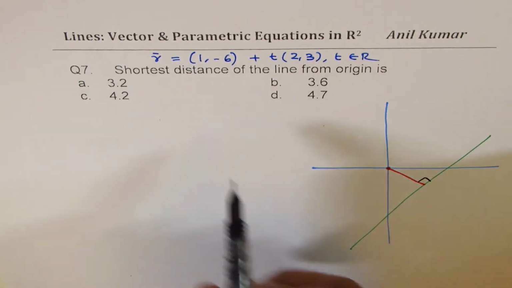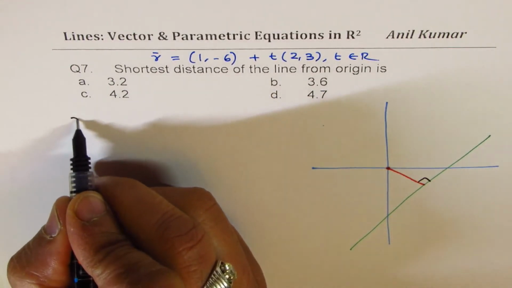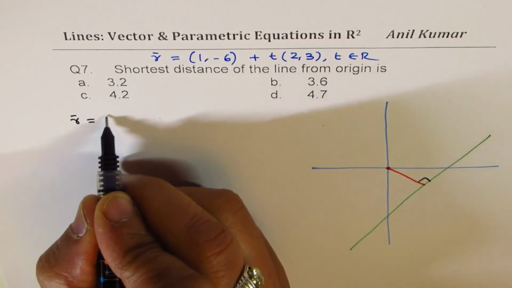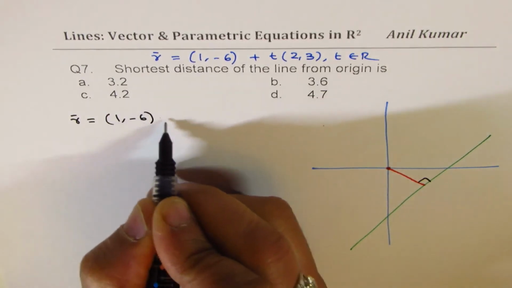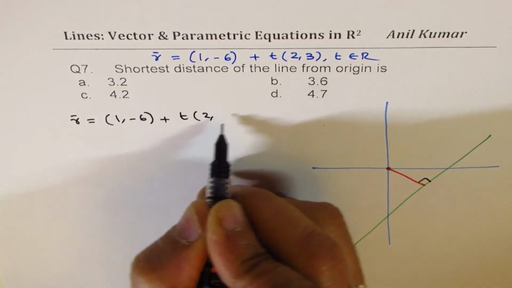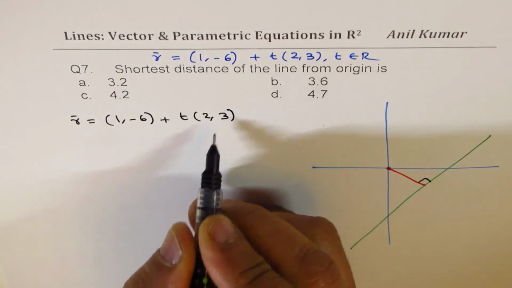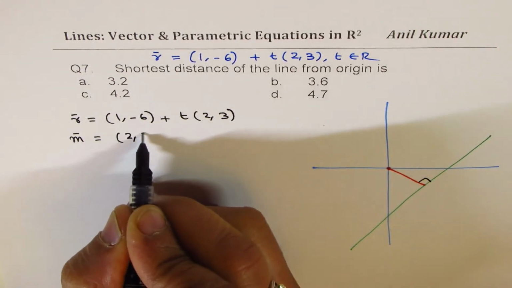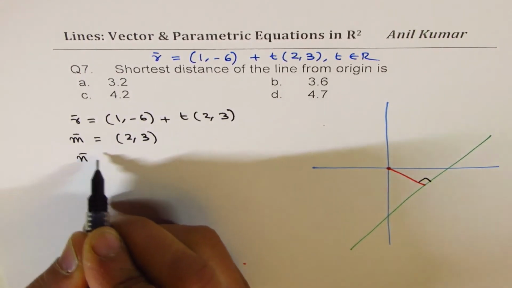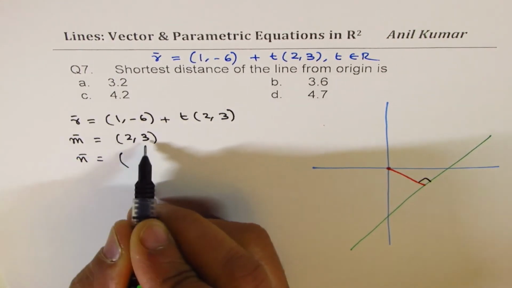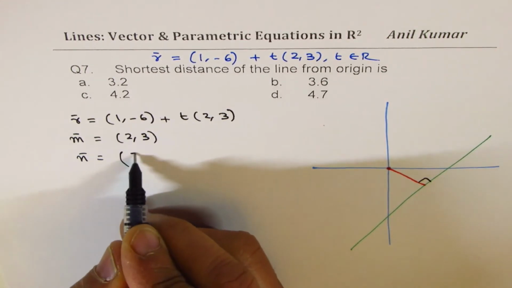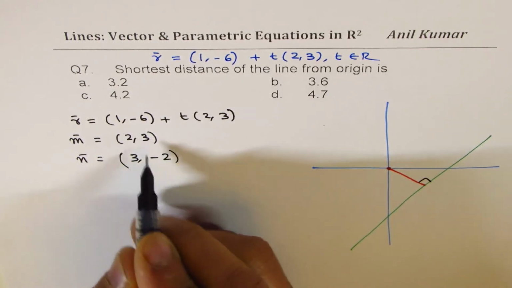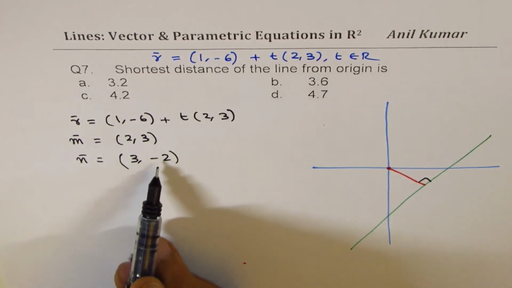So let me here give you an alternate method. When you're working with the line, which is in this case (1, -6) plus t times (2, 3), then the direction of this line m is 2, 3, right? What is the direction of the normal? To get the direction of the normal, just flip them. So we get 3 minus 2. Change one of the signs. Negative reciprocal, right?